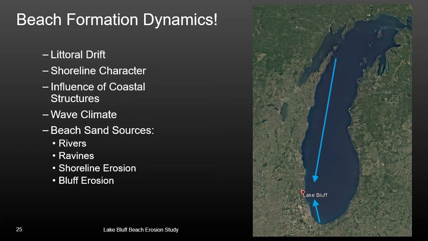This aerial photograph shows that in Lake Bluff, the distance that wind can travel on the water is longest from the north. And that distance is what drives currents along the shoreline as well as wave action. So the longer distance that the winds travel on the water, the greater the wave heights, as well as the more significant the currents that are occurring along the shoreline.